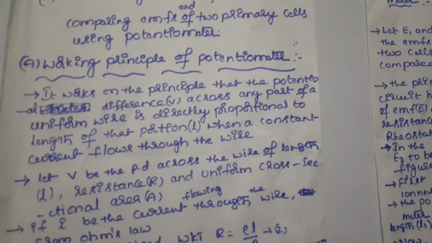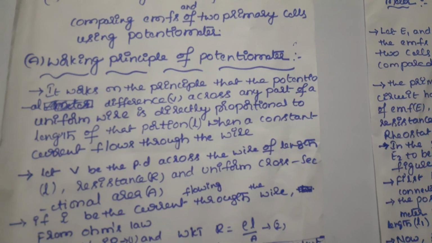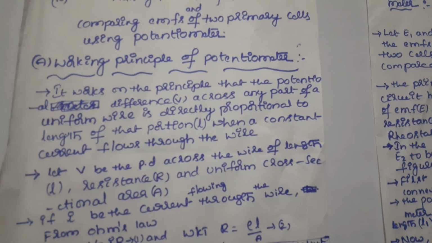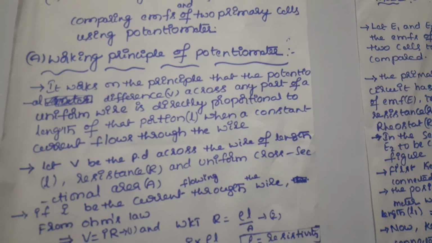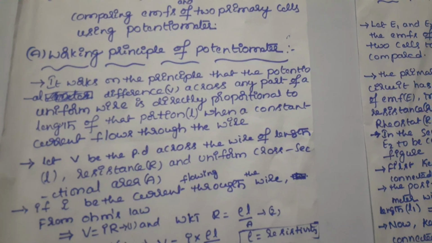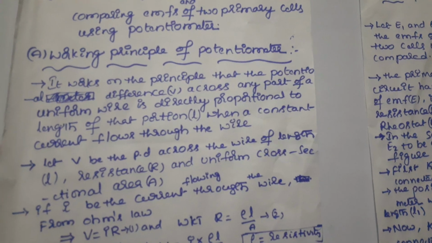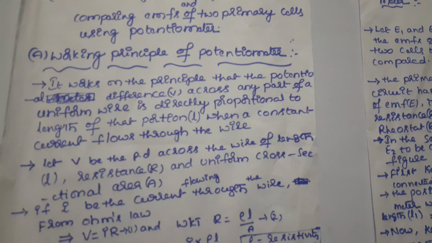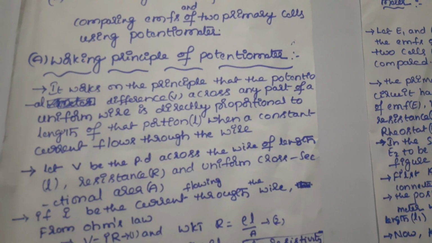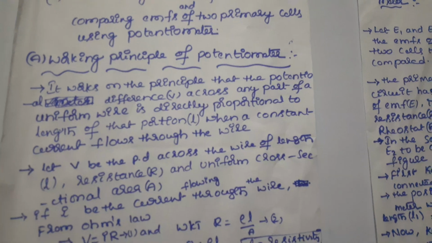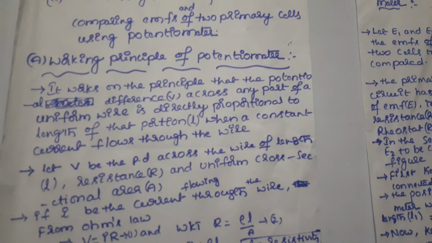It works on the principle that the potential difference, denoted by V or E, across any part of a uniform wire is directly proportional to the length of that portion of the wire when a constant current flows through the wire.